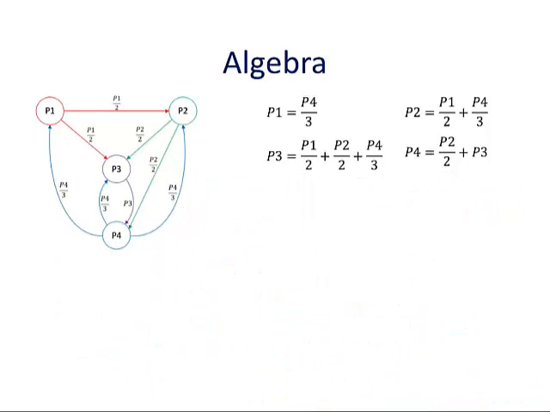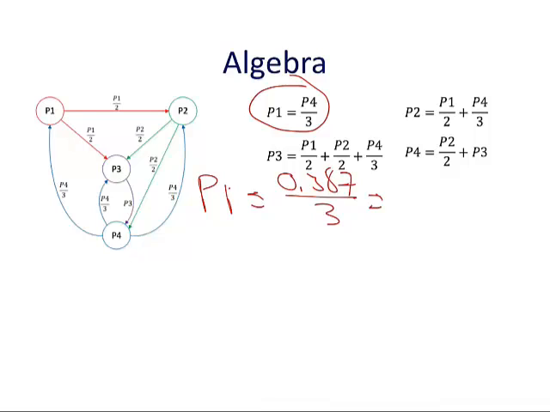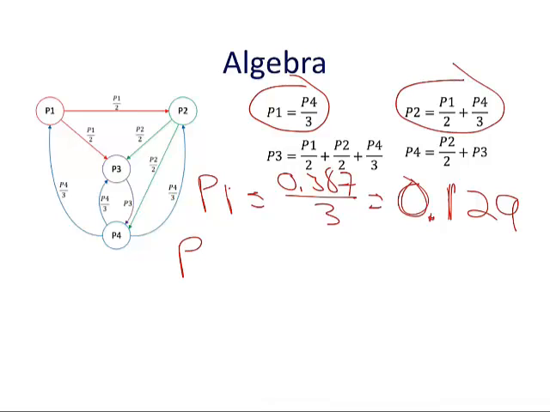Now, the rest of it becomes pretty easy because we have P4, and now we can use this equation to get P1. So P1 is equal to 0.387 over 3, which is equal to roughly 0.129. Similarly, now that we know P1, we can get P2.